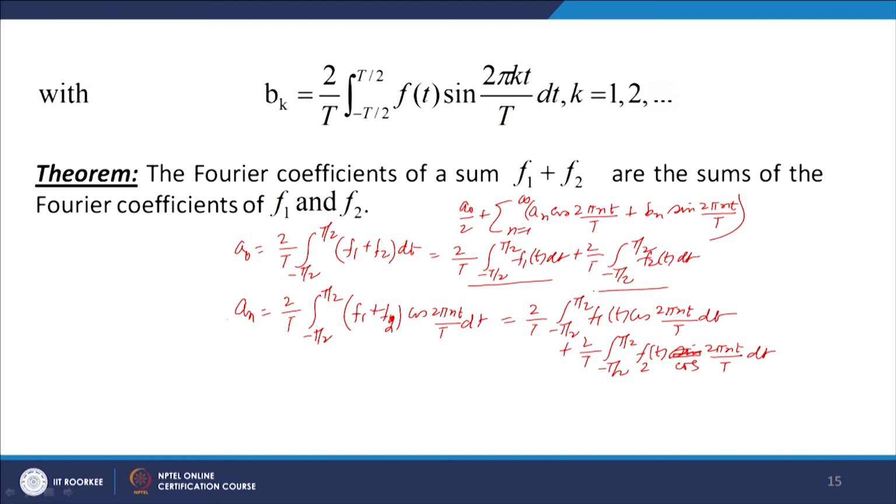So, a n is given by the sum of the Fourier coefficients for f1(t) and f2(t), the coefficients of cosine terms. Similarly, we can show for b n's. The b n's are also sums of the corresponding Fourier coefficients of sine terms in f1 and f2.